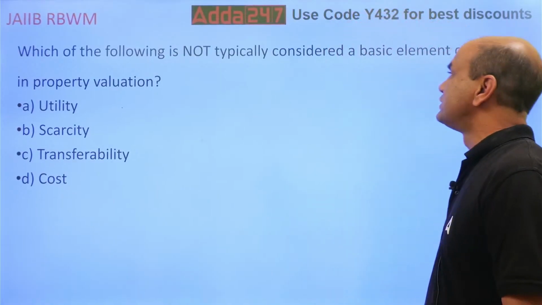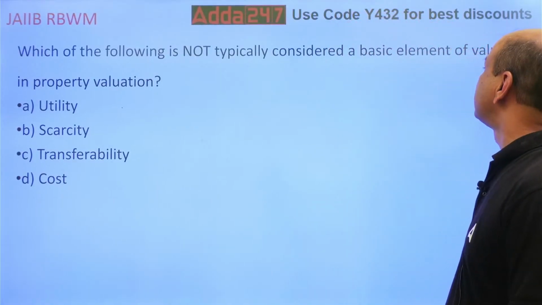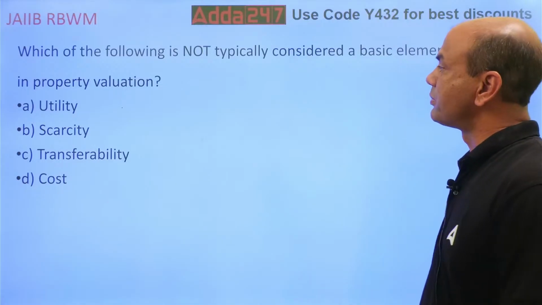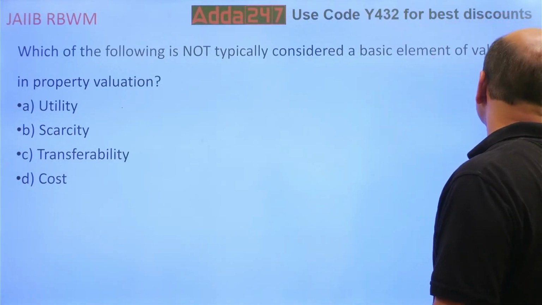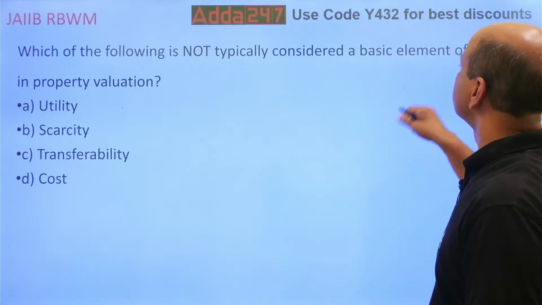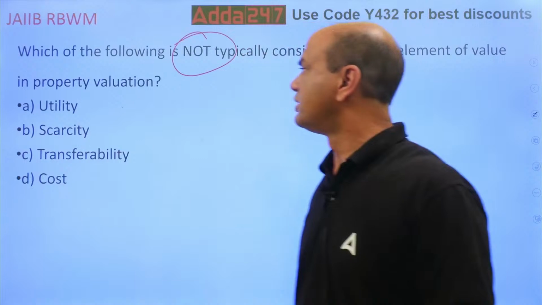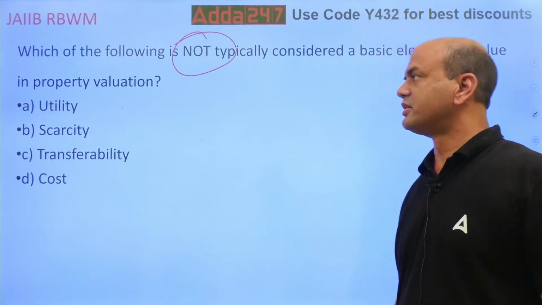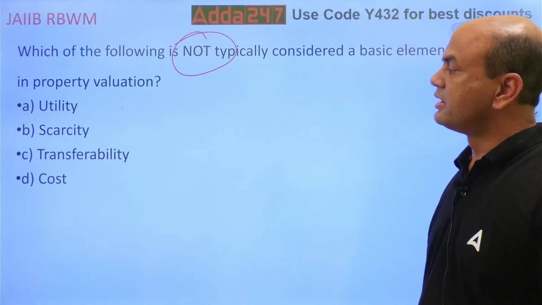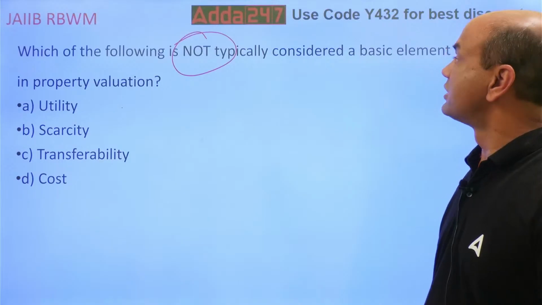Which of the following is not typically considered a basic element for value in property valuations? Kindly note the question: not considered. Utility, scarcity, transferability and cost.